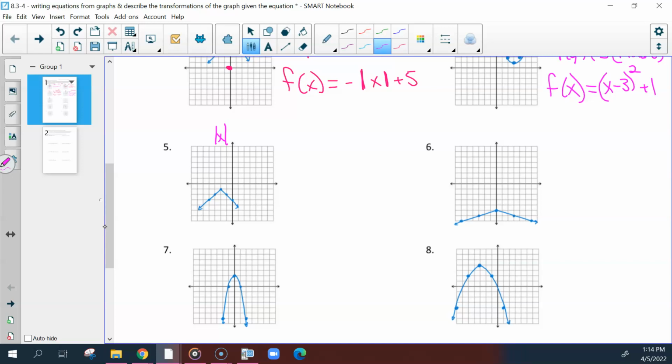It flipped upside down. It moved left 2. And it also moved down. So sometimes you'll have all 3 or all 4. It just depends on the function.